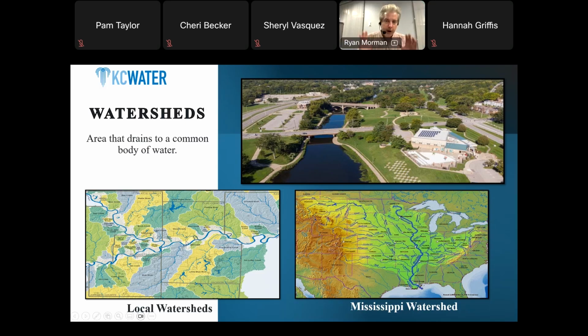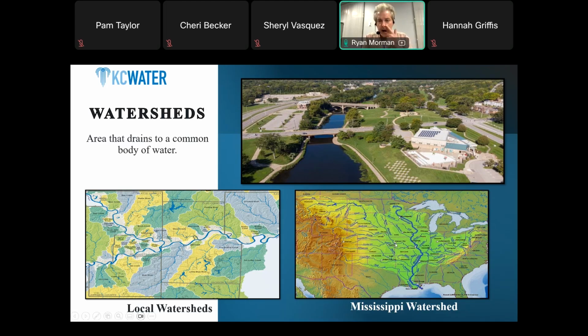But then we have to zoom out and think about where do most of the rivers go in the United States? And most of them are going to go to the Mississippi. And so the Mississippi River is actually the third largest watershed in the world, behind the Congo and Amazon rivers. And on the map on the right, bottom right, you are seeing all of the different rivers on both sides of the Mississippi that are feeding into it.